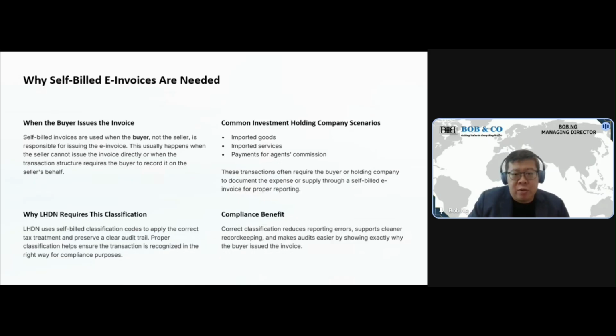Also, if you are subscribing to services overseas, they will also not send you an e-invoice, and hence you have to self-bill. And if you are paying agents' commission, paying freelancers or anyone without a company, very likely they will not be able to issue you an e-invoice as well, and hence it is your obligation to self-bill.